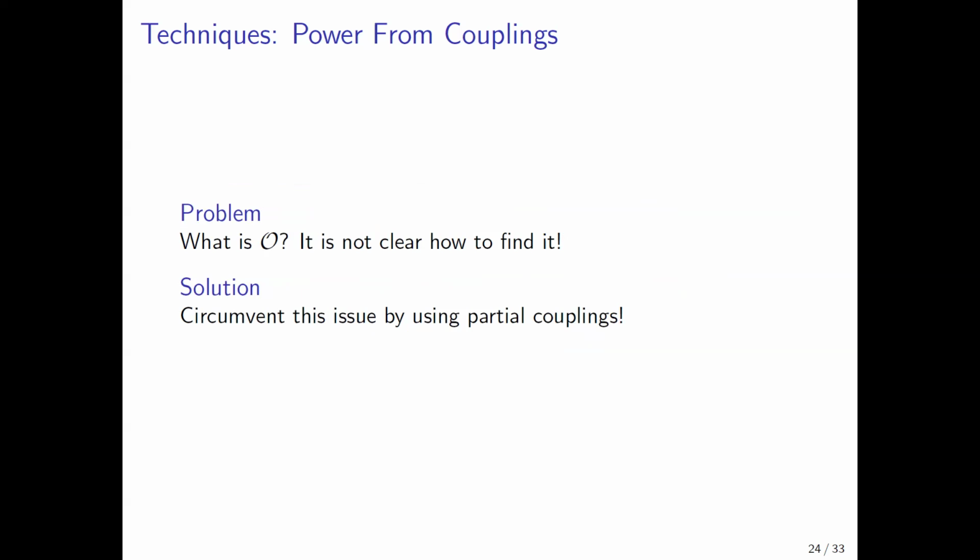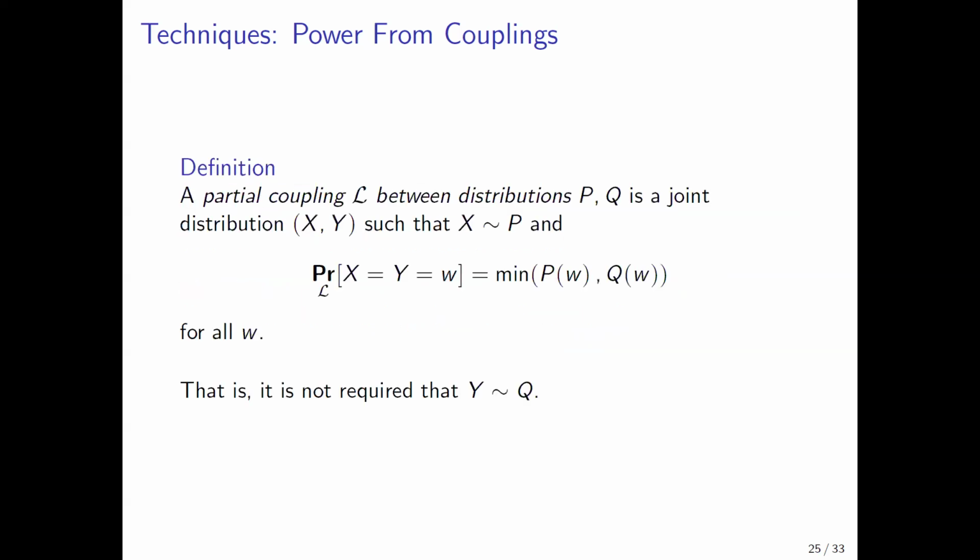There is an issue, however. Although there is this nice characterization, it is not clear how to find this optimal coupling. What we are doing here is that we circumvent this issue by using partial couplings. Let us now see what is a partial coupling.